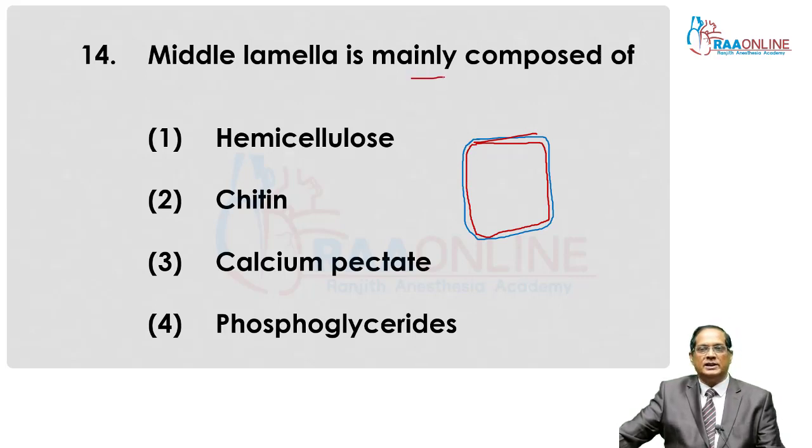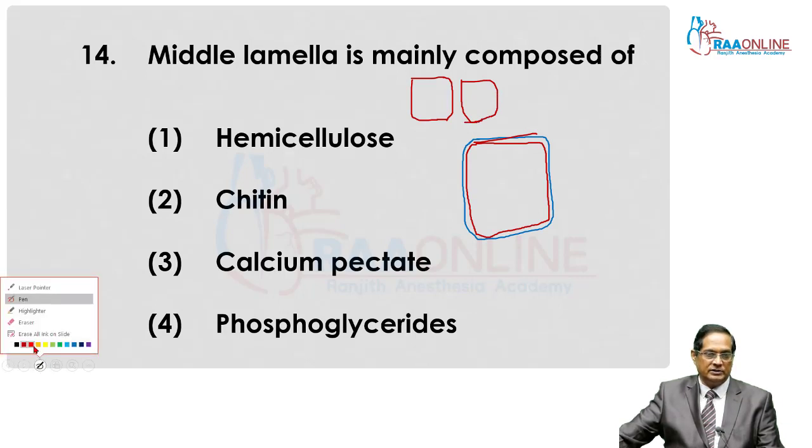But when we see two adjacent plant cells, this is plant cell number 1, this is plant cell number 2. These two cells are compactly arranged and firmly joined together by means of a hydrophilic substance, that is calcium pectate.